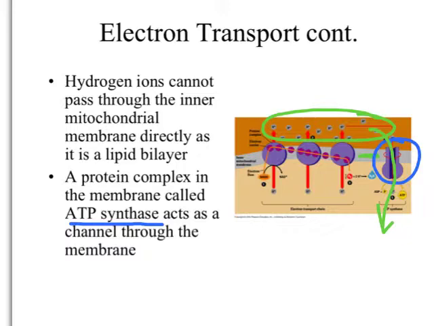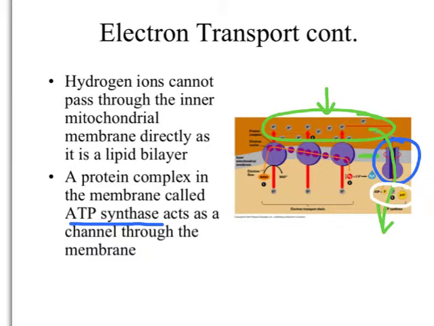So again, the high energy hydrogens on the inside have to go through the ATP synthase protein in order to get back to the lower concentration. Okay, so this is where ATP is harnessed, if you can see here. This is exactly where ATP is harnessed.